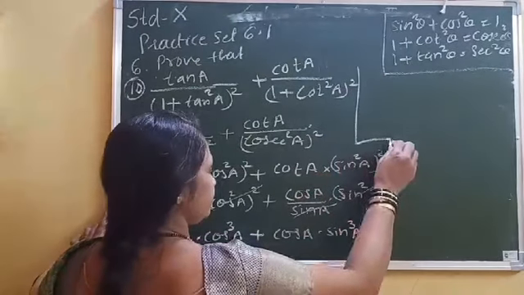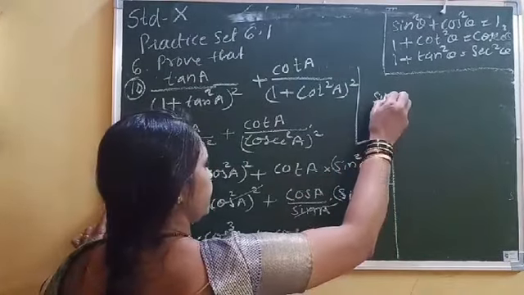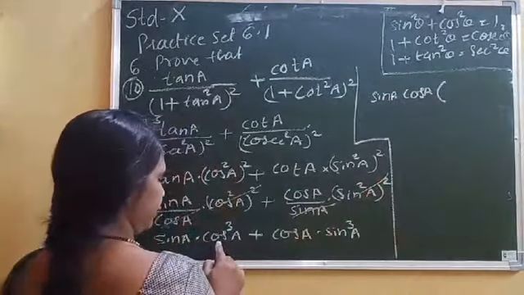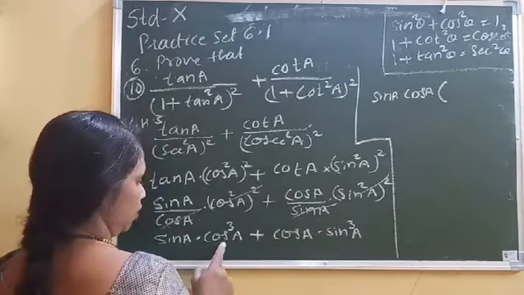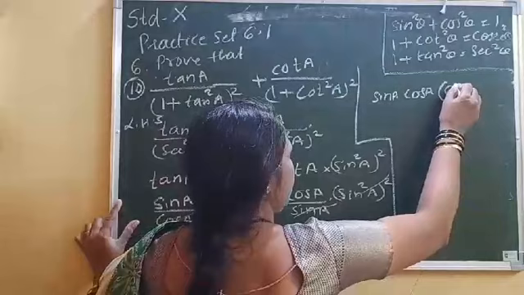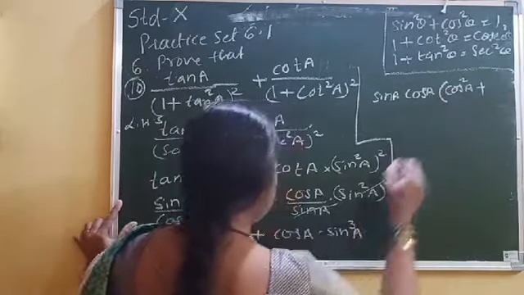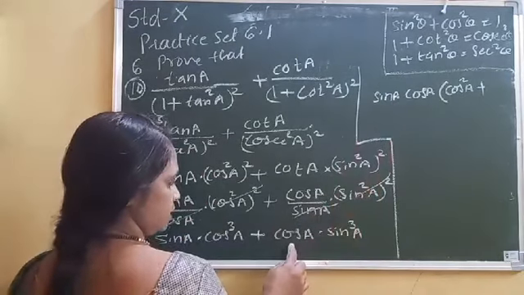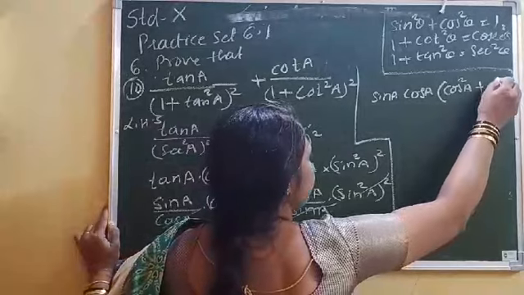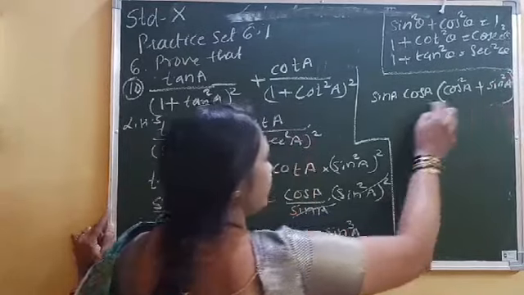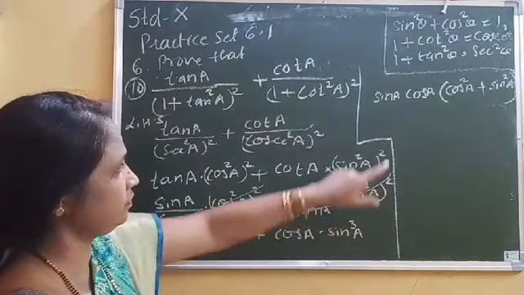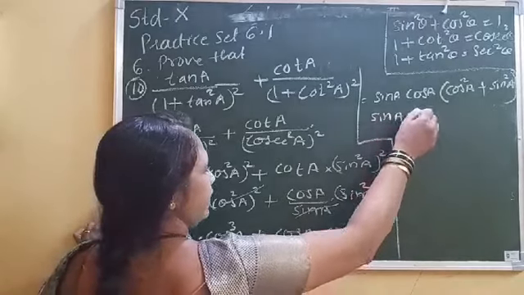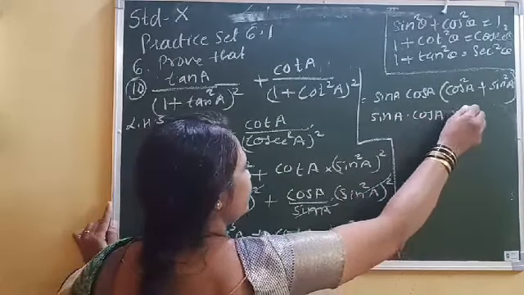If you take sin A into cos A common, what remains in the bracket? Here we have removed one cos out of 3, so here remains cos square A plus, from here 3 sines, 1 sin removed out, so it is sin square A. Okay, so sin A into cos A into 1.